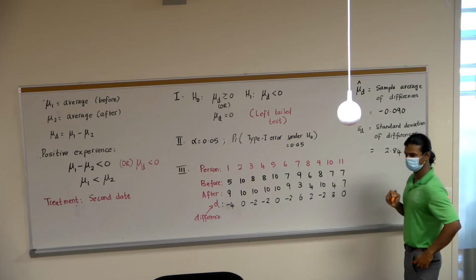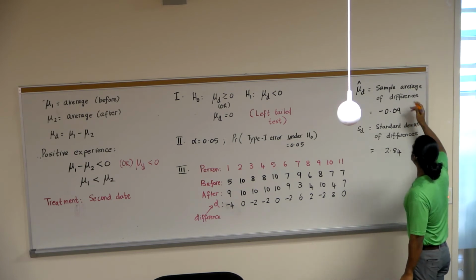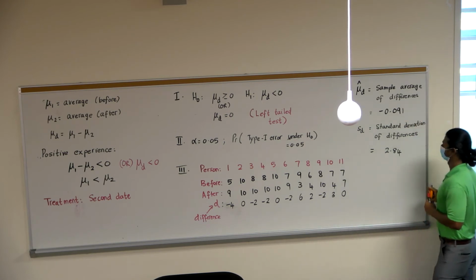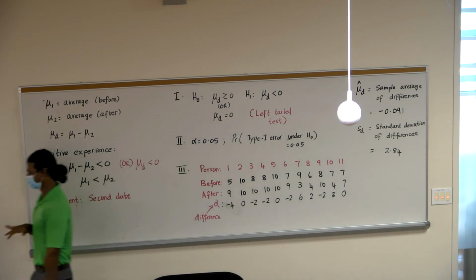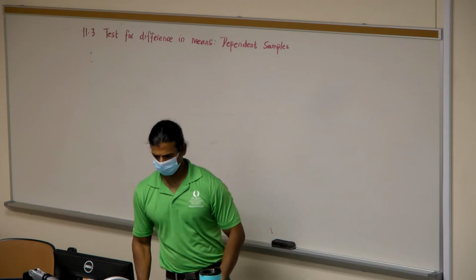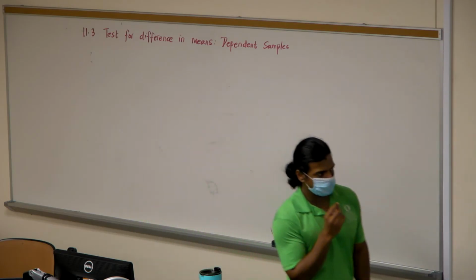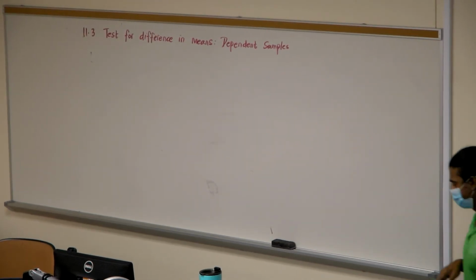I got 2.84. So I actually know the conclusion even before we do the test, but we will do the test for fun. So we have the sample difference, we have the standard deviation.